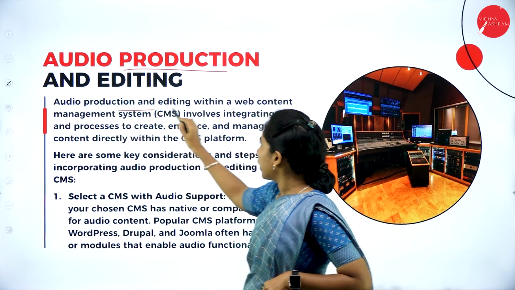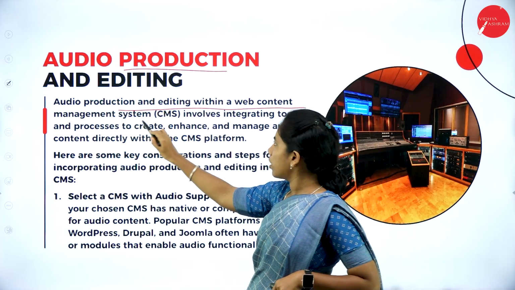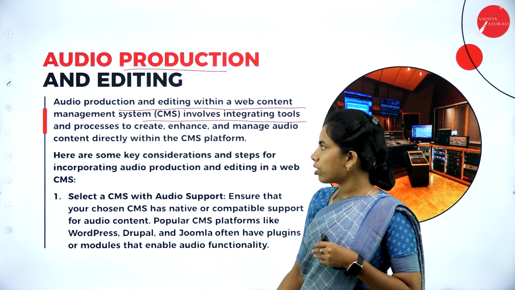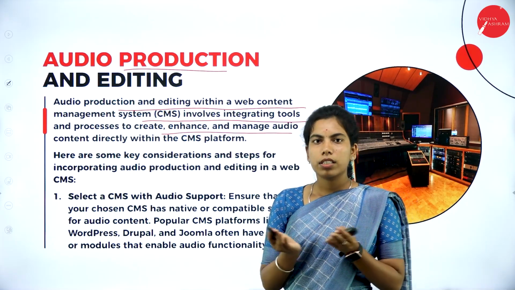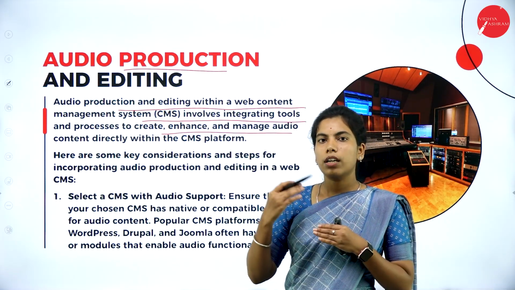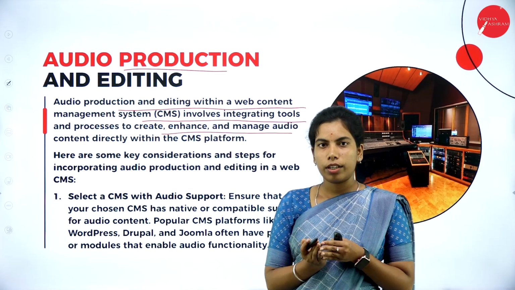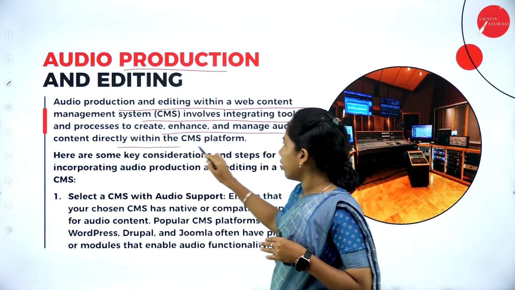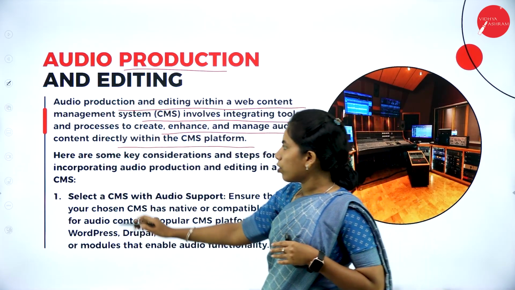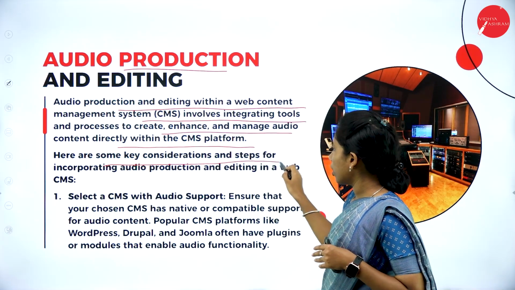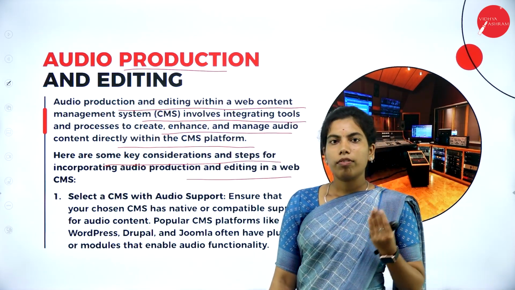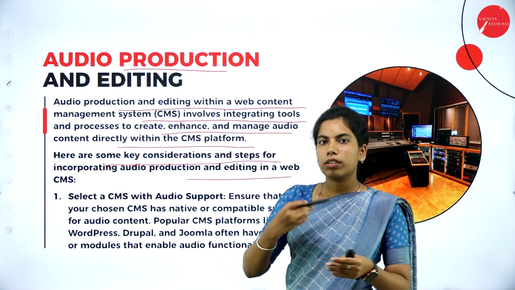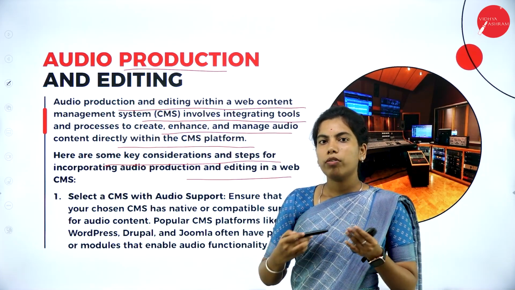So audio production and editing within a web content management system involves integrating tools and processes to create and enhance audio, and also we can merge 2, 3, 4, 5 audios into one audio file, and manage content directly within the CMS platform. Here you can see some key considerations and steps for incorporating audio production and editing in a web content management system. Before going to the web, the audio has to be edited.